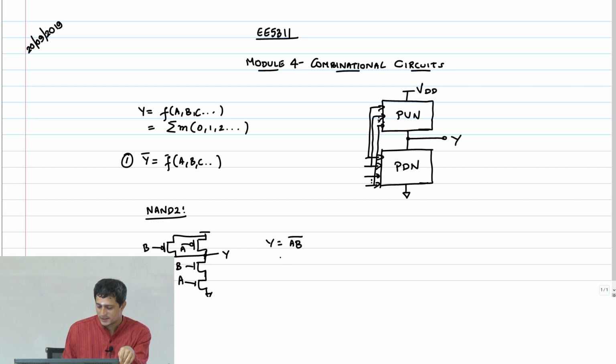Then the size of this NMOS transistor was to be chosen so that the net pull down strength of that NMOS stack in the worst case is as much as it is for a reference inverter, right. And what is our reference inverter? It is basically this guy.